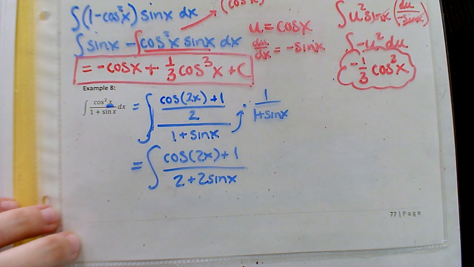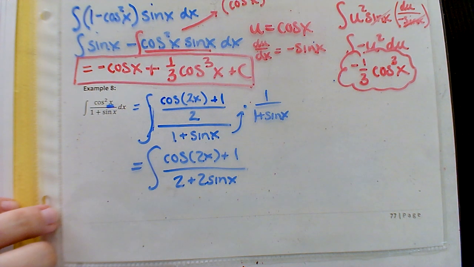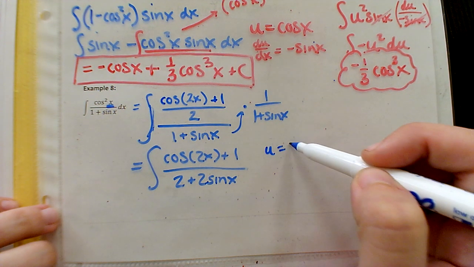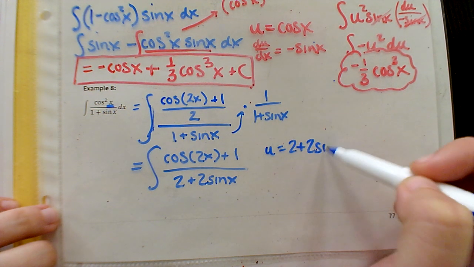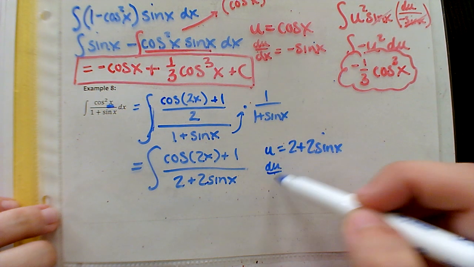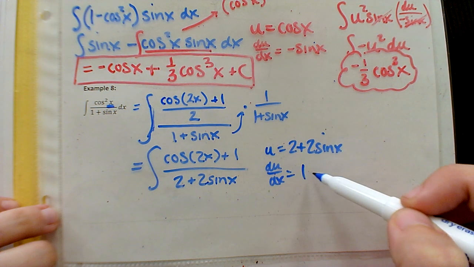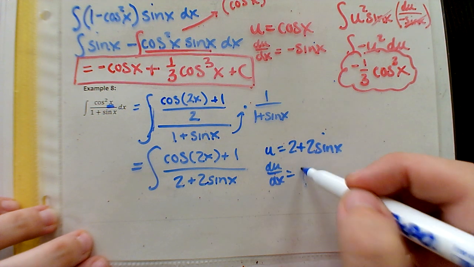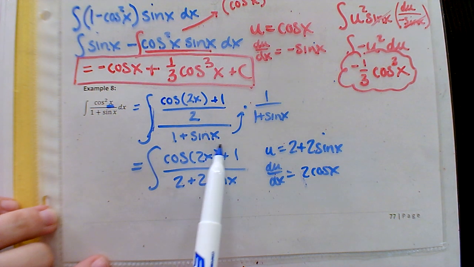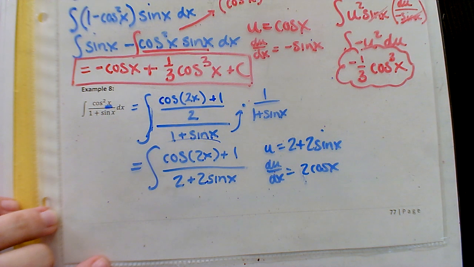Can we try anything else? Let's see, if we tried u sub, again, don't write it down, we're just going to see what happens here. For u sub, we typically let the denominator be that. If we did the derivative, that'd be 2 cosine of x. But notice how that's not showing up somewhere else that would eventually cancel like we want it to.